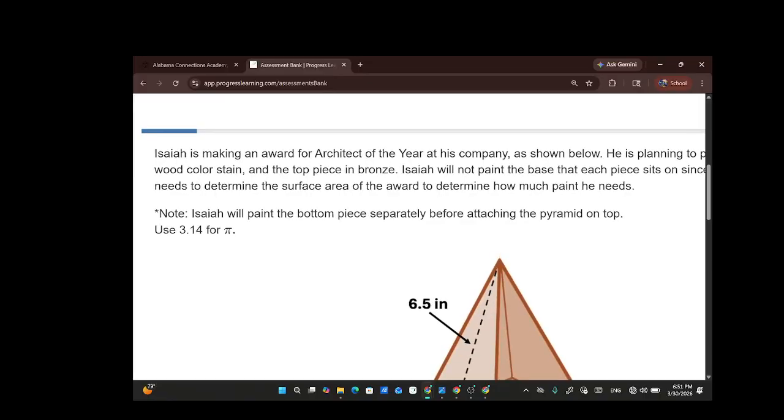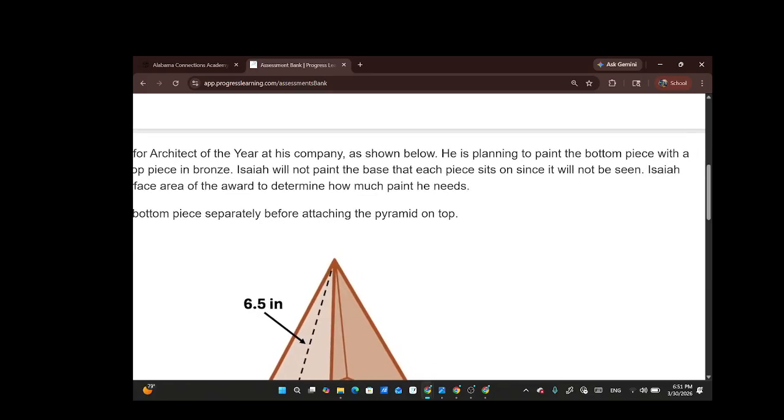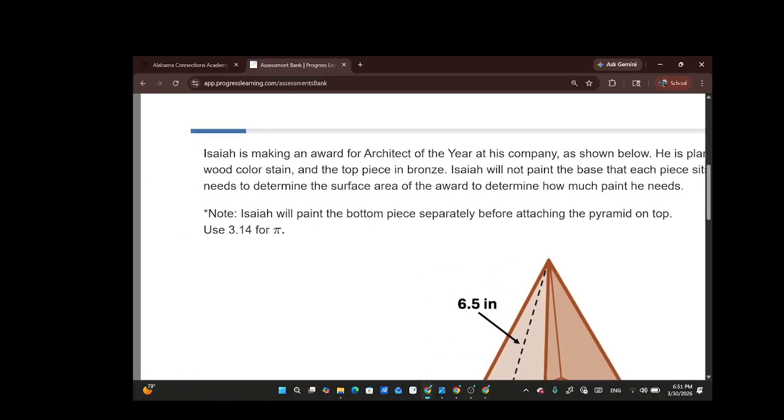First, here is the question. Isaiah is making an award for Architect of the Year at his company. As shown below, he is planning to paint the bottom piece with a wood color stain.